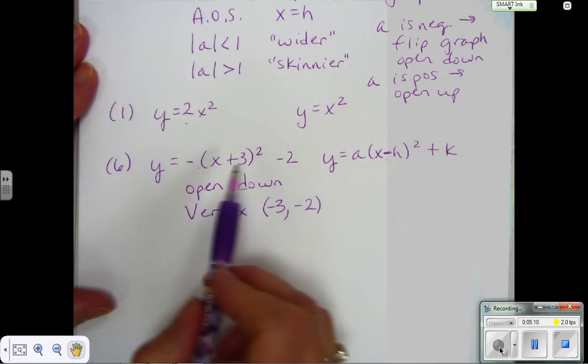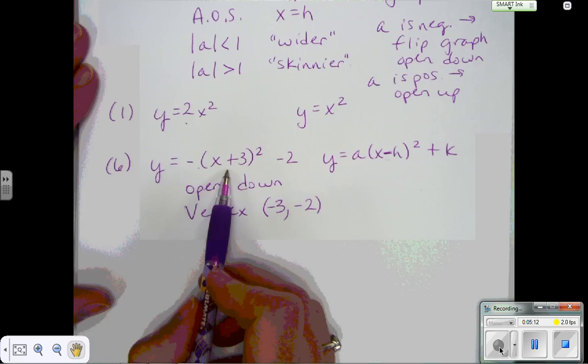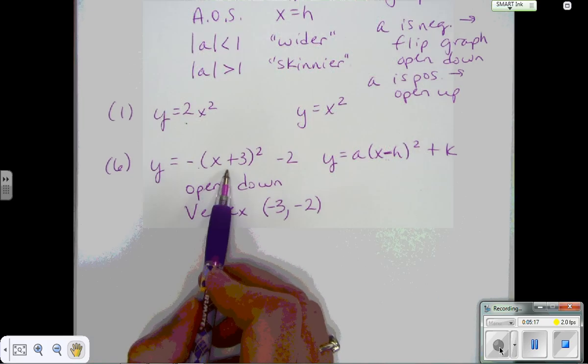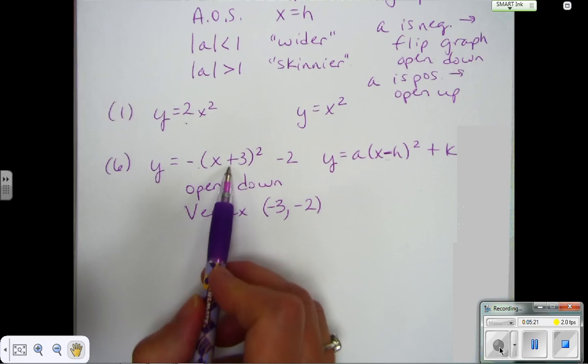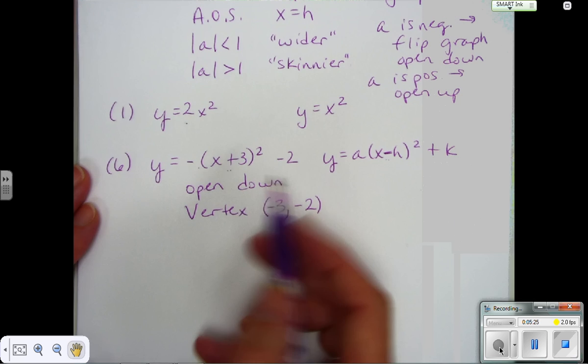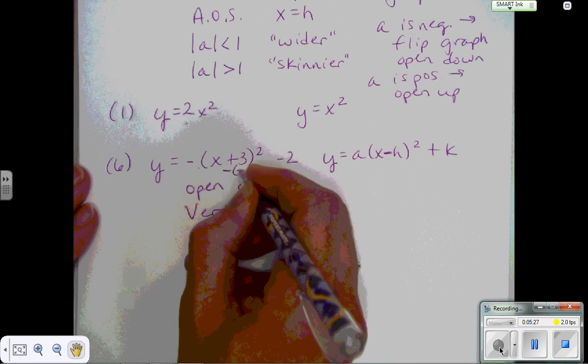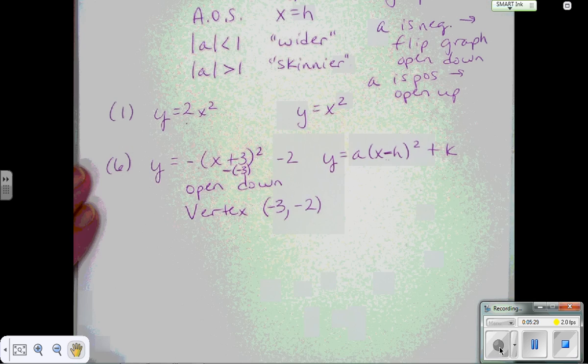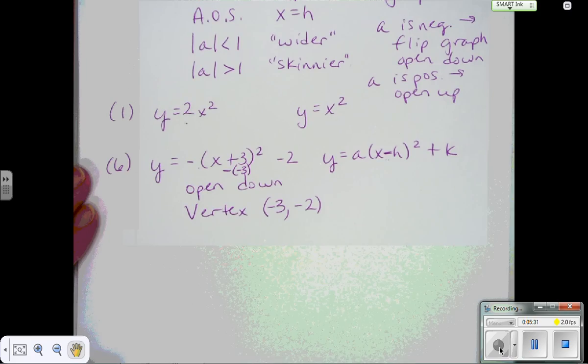Inside the parentheses, the h is going to be the opposite sign of what it says because it's a minus the number. So this means that this 3 is actually minus a negative 3. That's why it's plus inside the parentheses. So if it's a positive value, it's going to be minus in the parentheses.